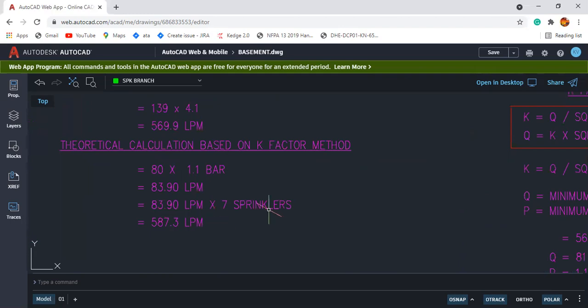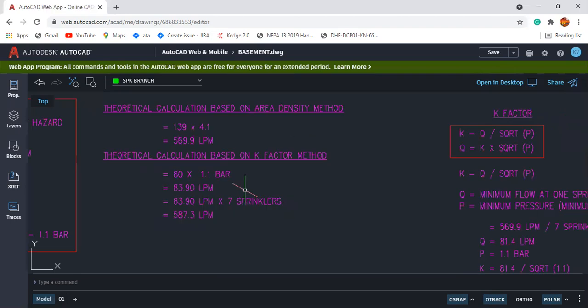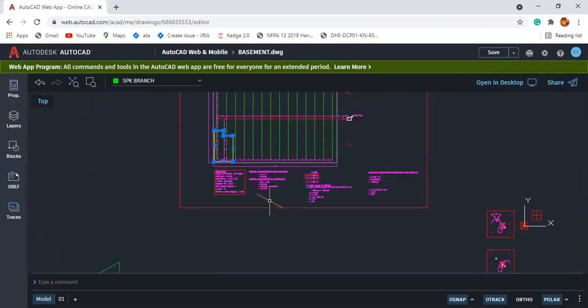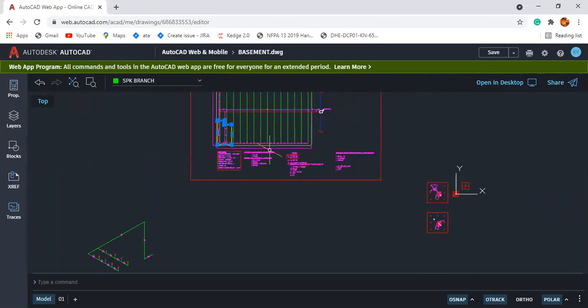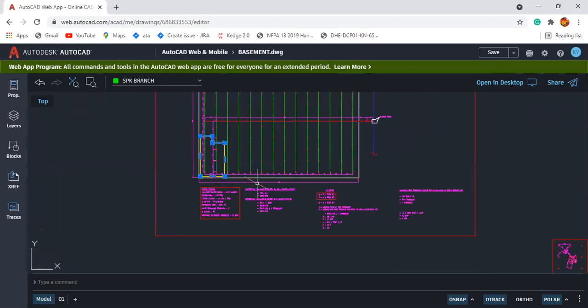So after getting all the details, if you run the calculation in any software, the answer you get from the software will be higher than this. So this is basic technical detail.